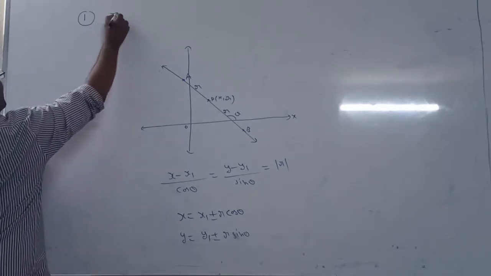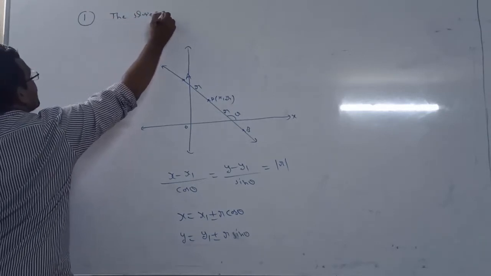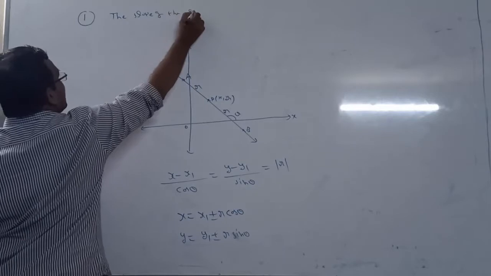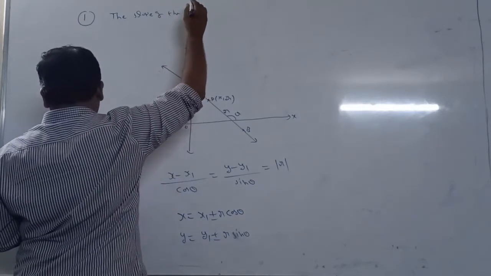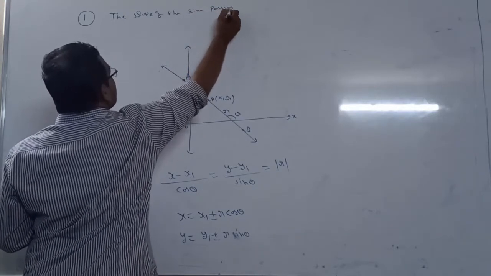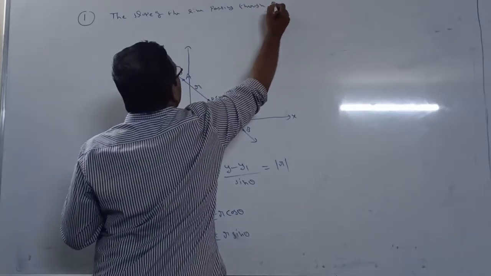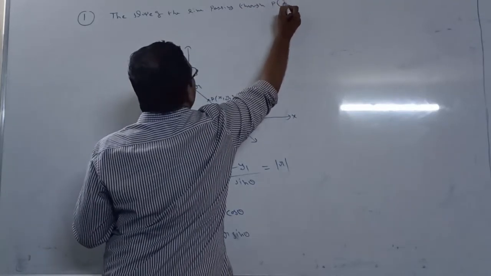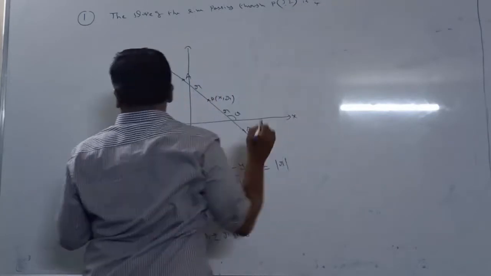The slope of the line passing through P(3, 2) is 3 by 4.